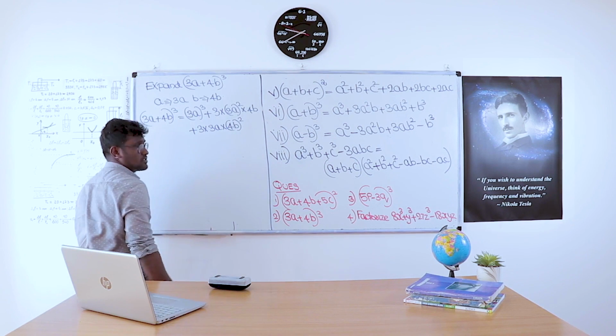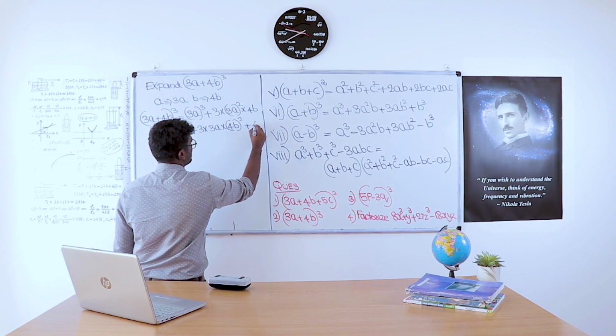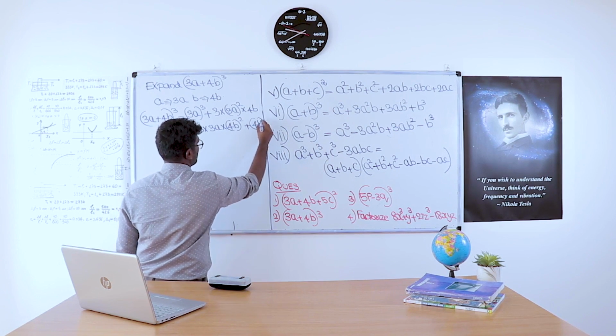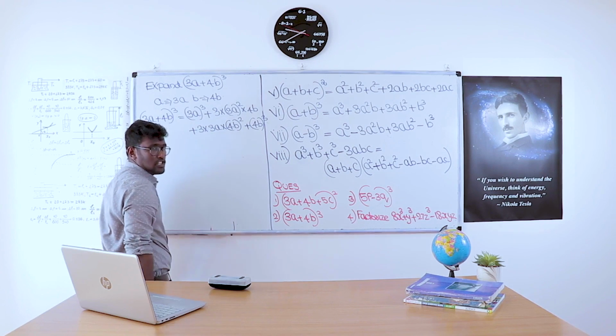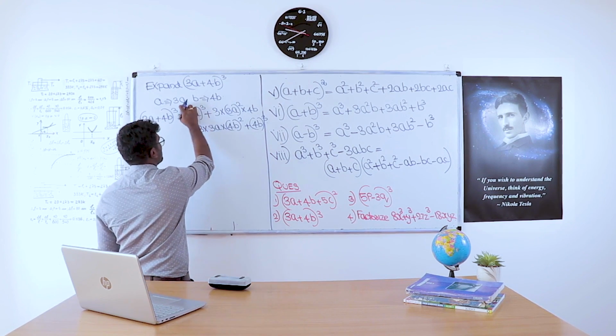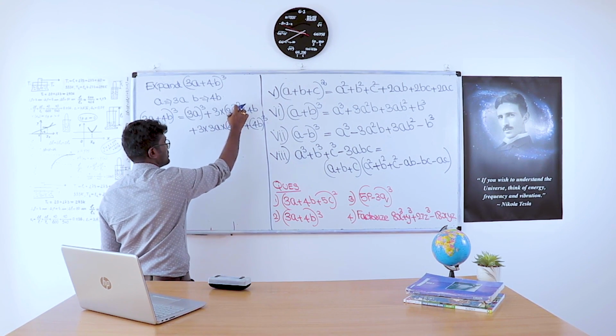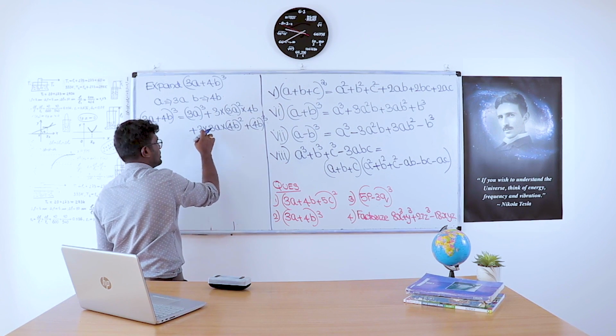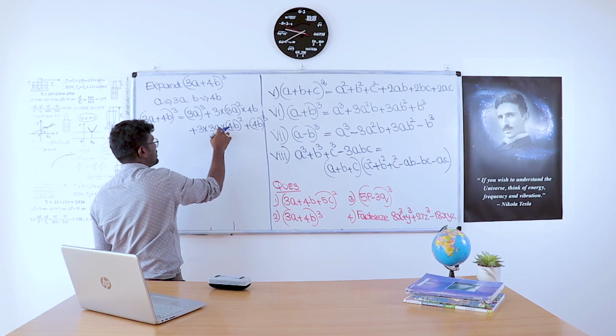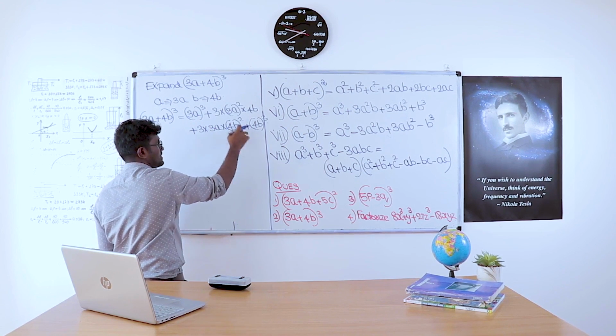So 3ab square plus b cube. B cube is 4b the whole cube. Just check: a cube, 3a the whole cube, plus 3a square b, 3 into in place of a, that is 3a, 3a the whole square into b 4b, plus 3ab square, 3 into a is 3a into b square is 4b the whole square, plus b cube.